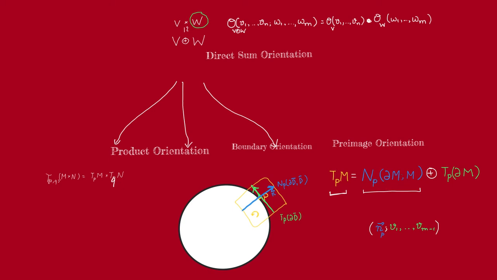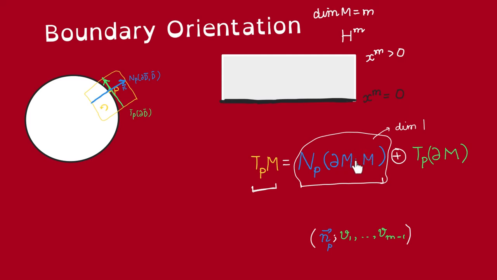So what's this default orientation? Well, the first thing we need to observe is that this normal space must have dimension 1. And why is that? To see why, we need to remember the definition of manifolds with boundary. Let's say our manifold has dimension m, then that means locally it looks like the upper half space H^m. And the upper half space H^m was just defined to be the subspace of R^m consisting of points with the last coordinate being greater than or equal to 0.